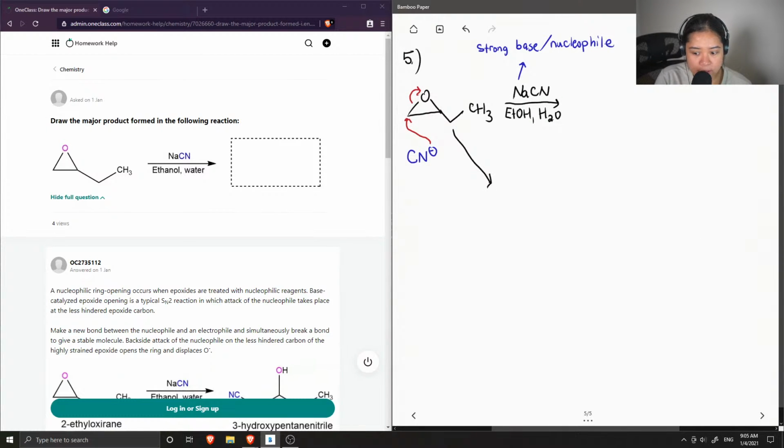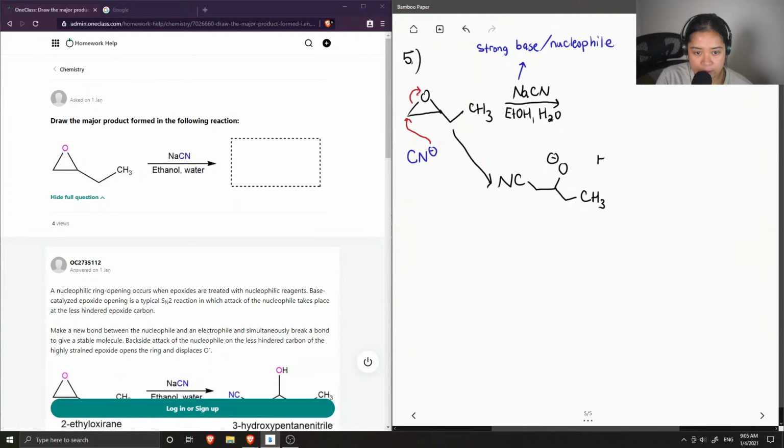So this gives us the following intermediate, where we have our cyanide ion. We have the ring that is now opened up, and then we just have our ethyl group that remains the same. So now we have this negatively charged oxygen.